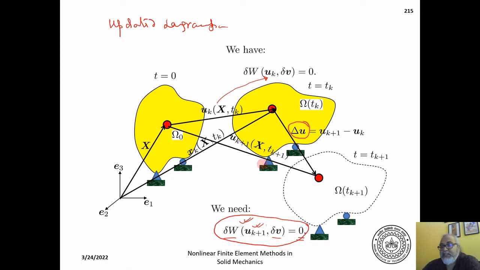When that happens, I would have found the correct delta u, and if I add the correct delta u to the previous uk, I get uk plus 1. And if I know uk plus 1 at all points on this configuration, I will be able to reconstruct the configuration at omega tk plus 1.